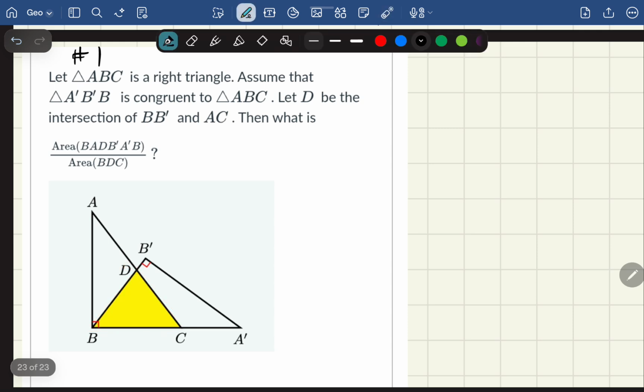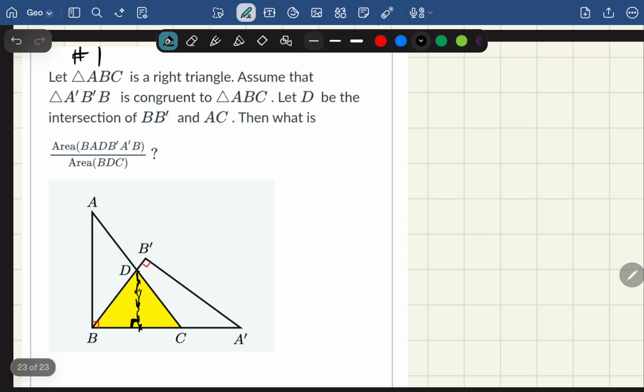Okay? Anyway, so here's the thing. We can drop down this height because that's going to help us find the area of BDC, right?